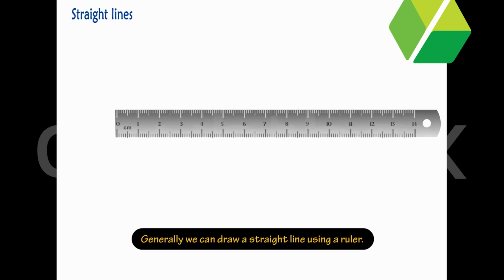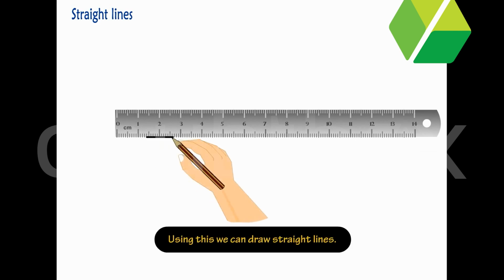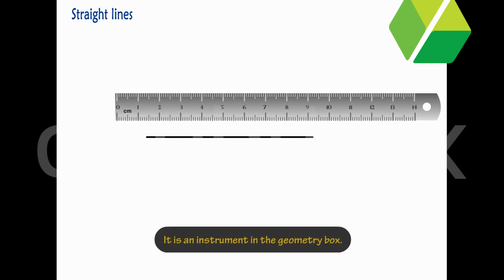Straight lines. Generally, we can draw a straight line using a ruler. This is a scale. Using this, we can draw straight lines. It is an instrument in the geometry box. Drawing straight lines.